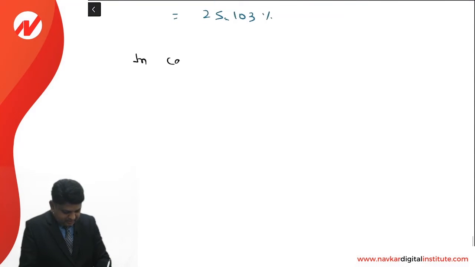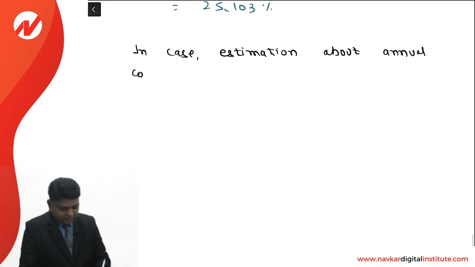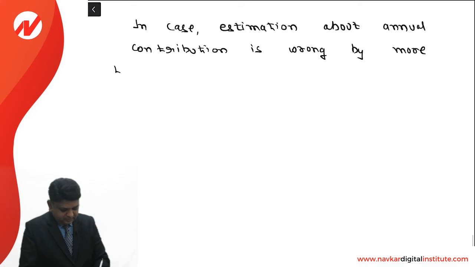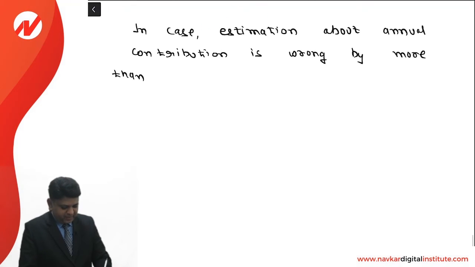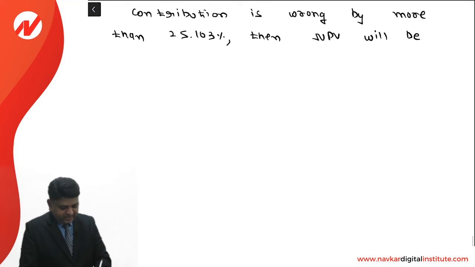In case estimation about annual contribution is wrong by more than 25.103%, then NPV will be negative.